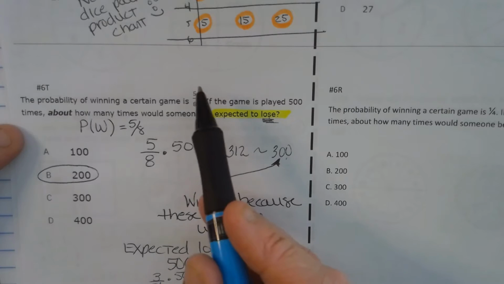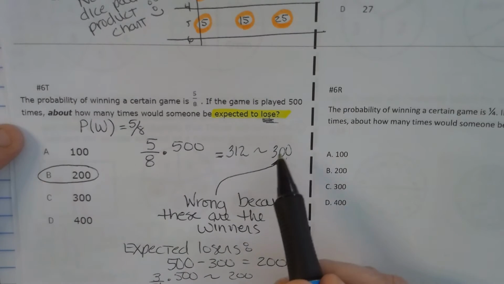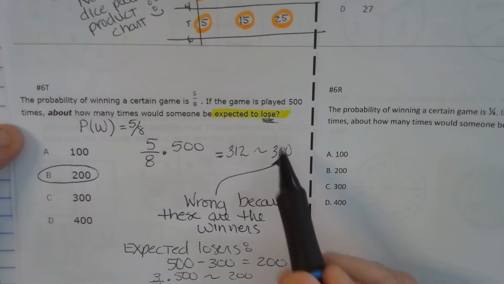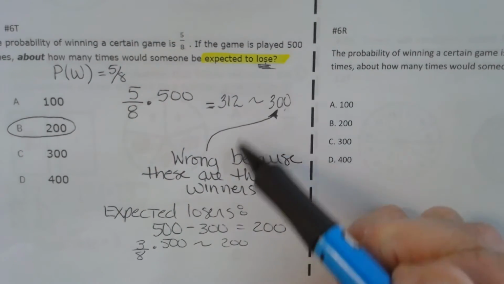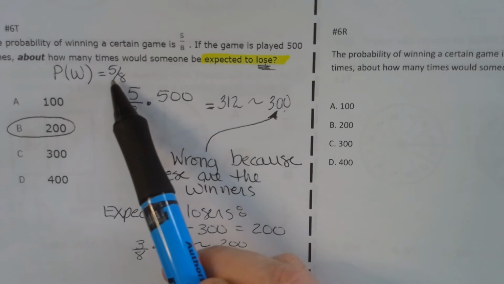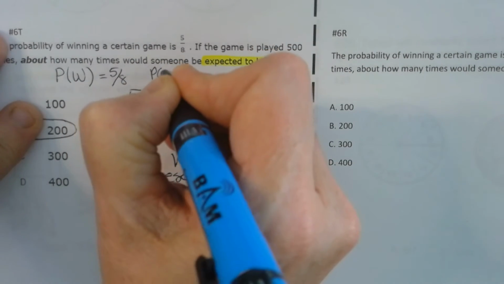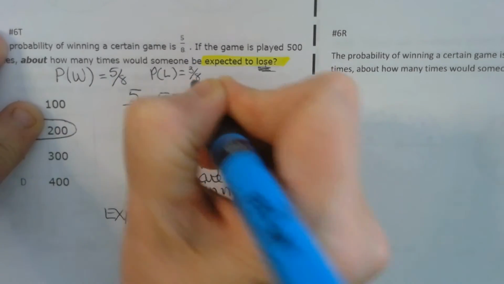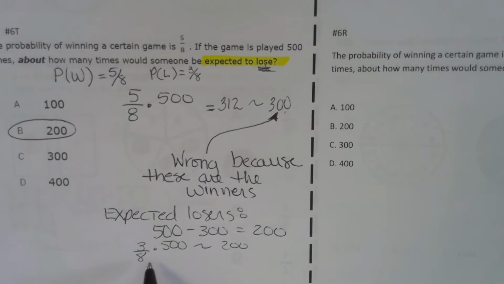If we took the winning probability and multiplied by 500, this tells us how many times we expected to win. So if I wanted to know how many times I would lose, I need to take 500 and subtract that 300. Another way is, if the probability of winning is 5/8, then the probability of losing is 3/8 because they all have to add up to 1. So I could take the probability of losing and multiply by 500 as well.